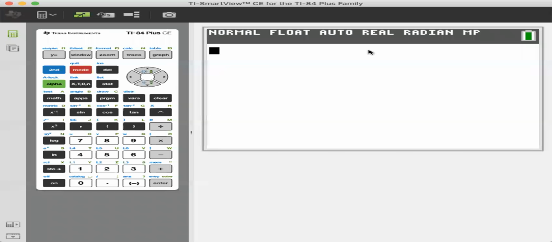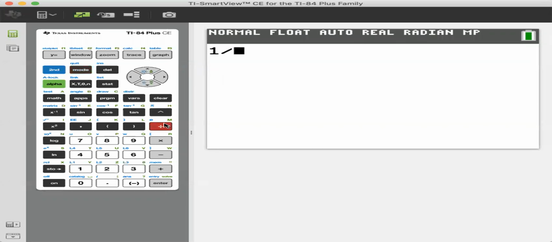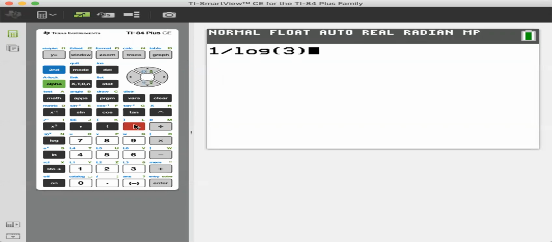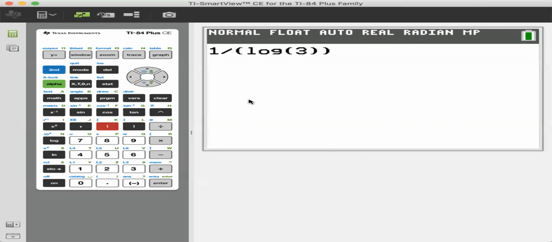So we can look at our calculator, and in order to calculate this, we want 1 divided by, this is a common log, so we're going to use log of 3. Now, because log of 3 is a single calculation, I don't need parentheses around it. However, if you're more comfortable grouping together the numerator and denominator, I always encourage you, parentheses are free, so we can always put parentheses around the denominator as well.